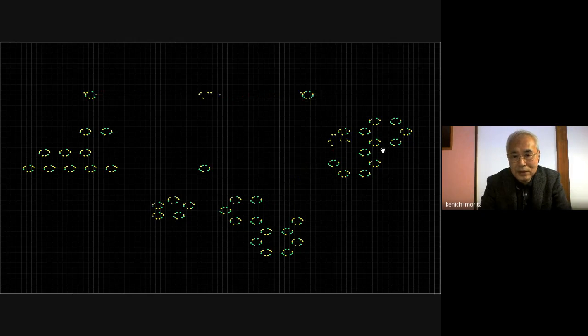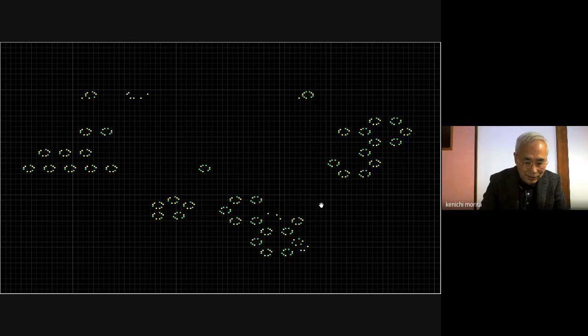First, this is a left turn module. Right turn module. Again, this is also a right turn module. U-turn module. And again, right turn module. This is a backward turn module. And so on.